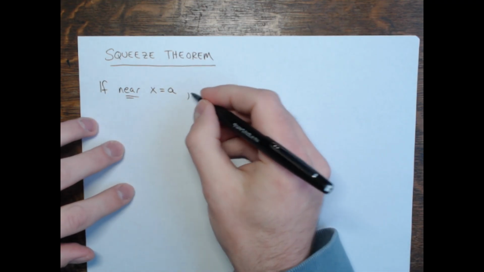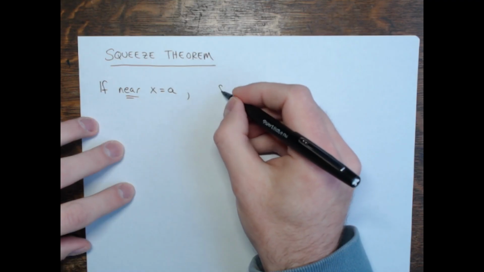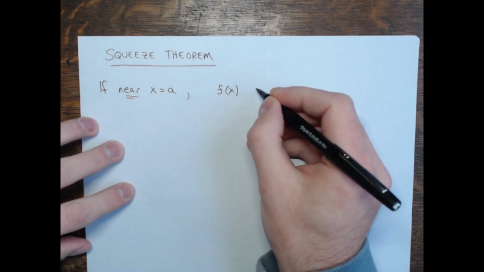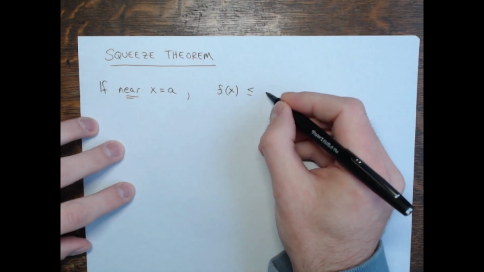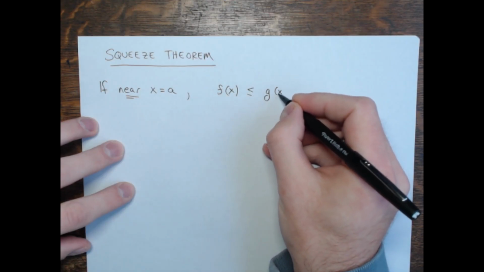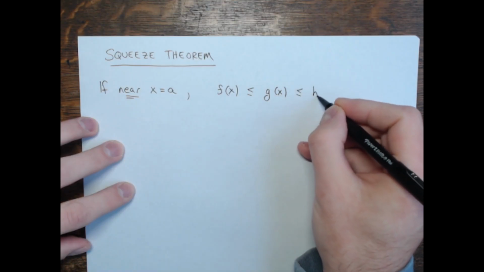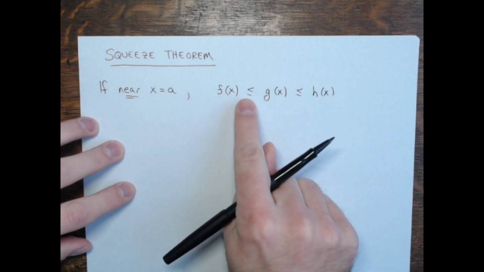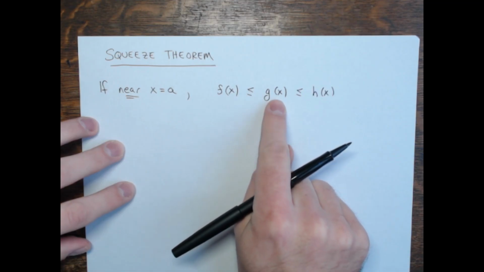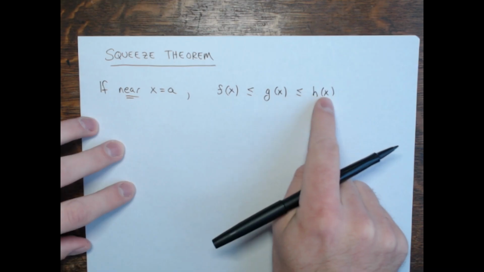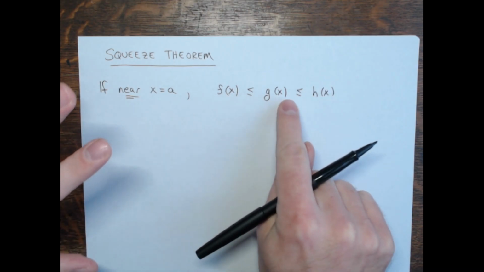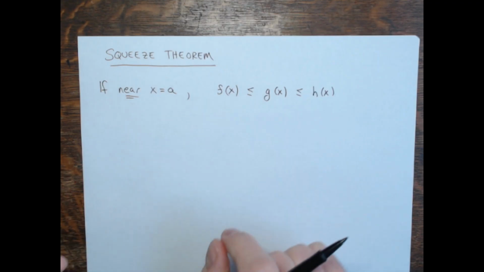Approaching it. You have three functions: f, which is no greater than say g, and g is no greater than h, right? So f is lower than g or equal. g is lower than h or equal, but f is not higher than g, g is not higher than h.